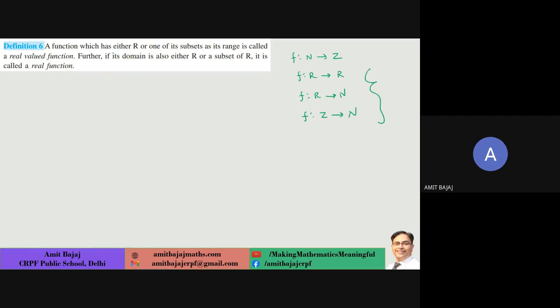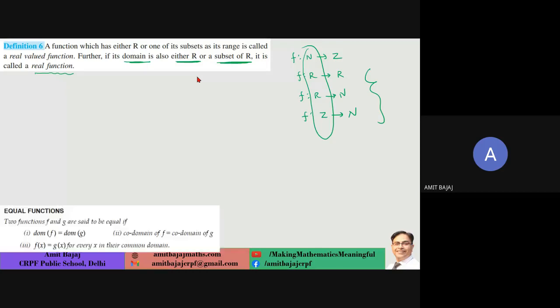So if the domain is either R or a subset of R, then it is called the real function. तो डोमेन आप चेक कर लीजिए, मैंने जो लिया है रियल का सबसेट या रियल इटसेल्फ ले लिया है. So we in our syllabus will be talking only about the real valued functions.